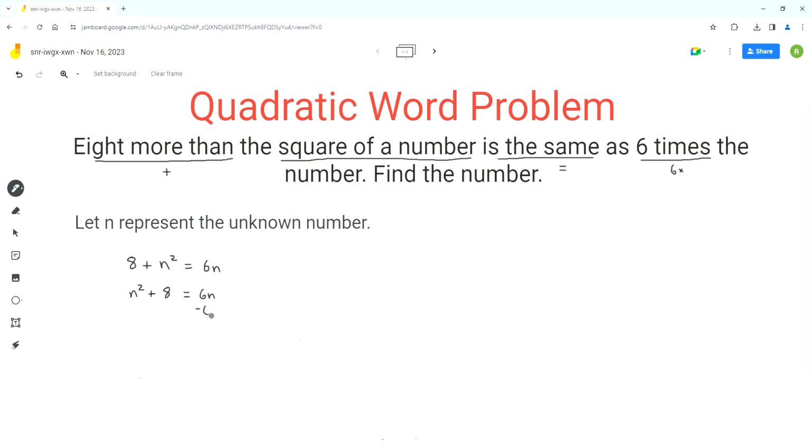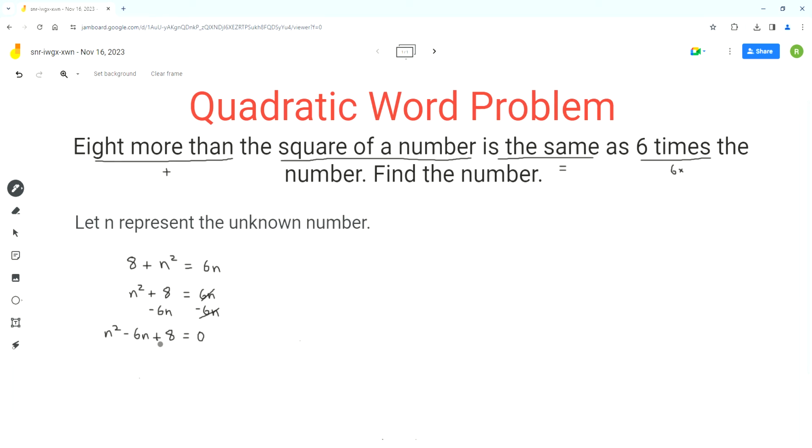So we subtract 6n from both sides. The 6n's on the right side cancel each other out, so I'll get n squared minus 6n plus 8 equals 0.